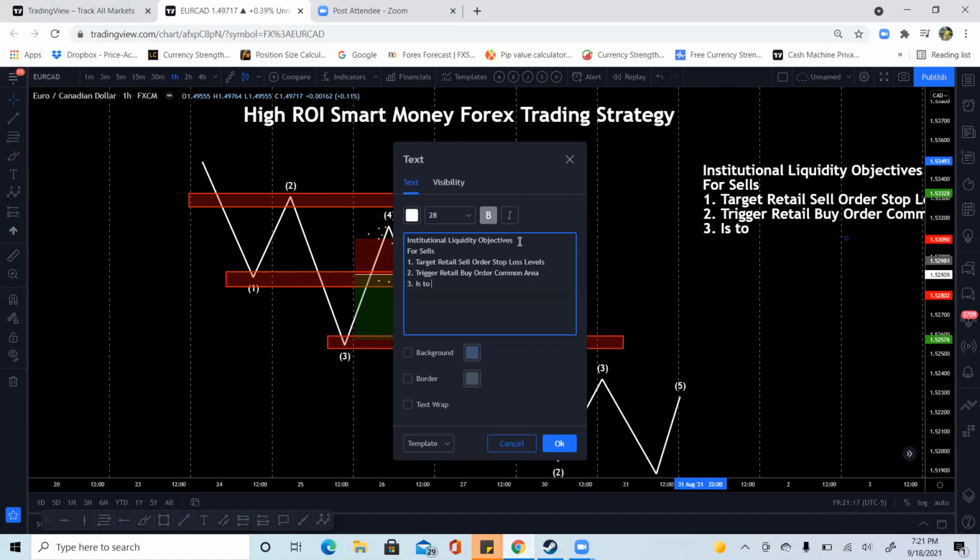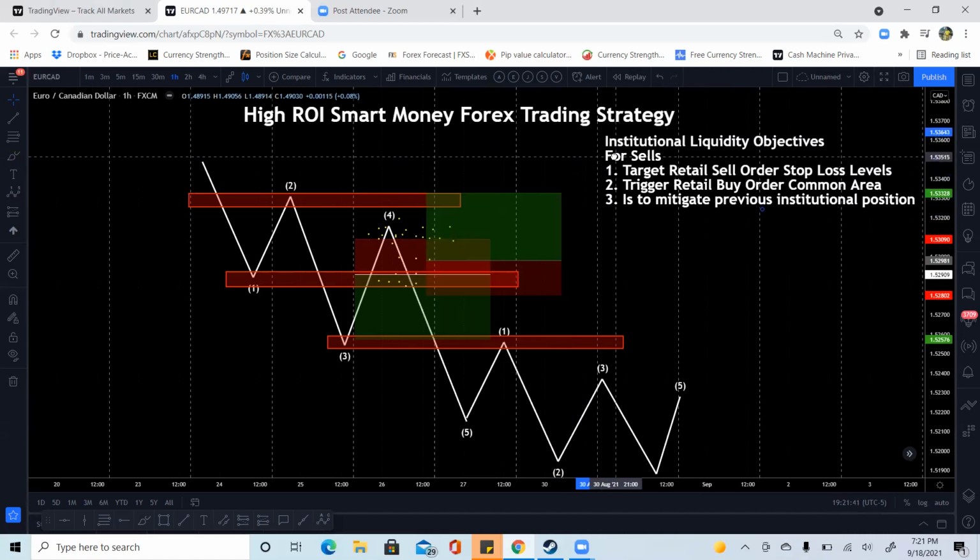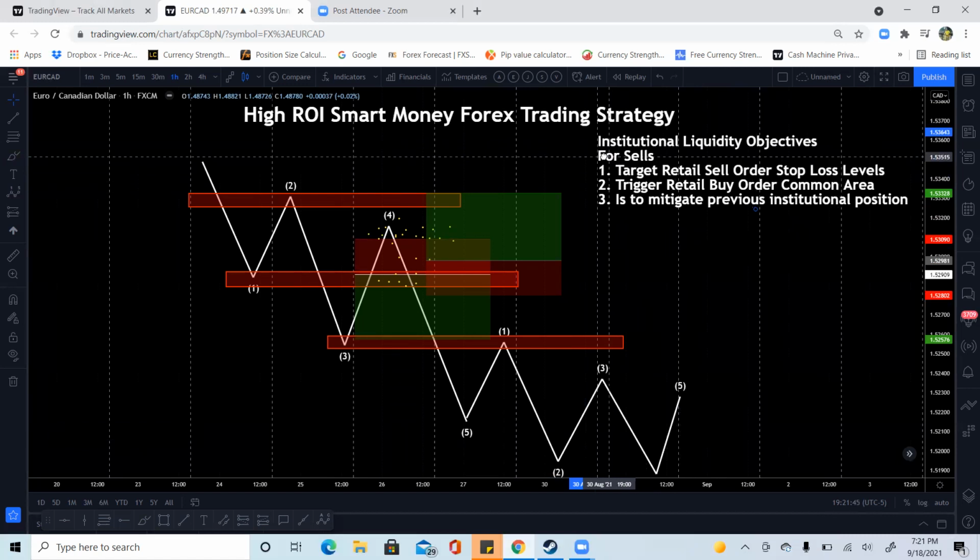It's to mitigate previous institutional position. So those are the three things you want to look at when it comes to institutional liquidity objectives. And understanding this is what's going to help you have a high return on investment trading.